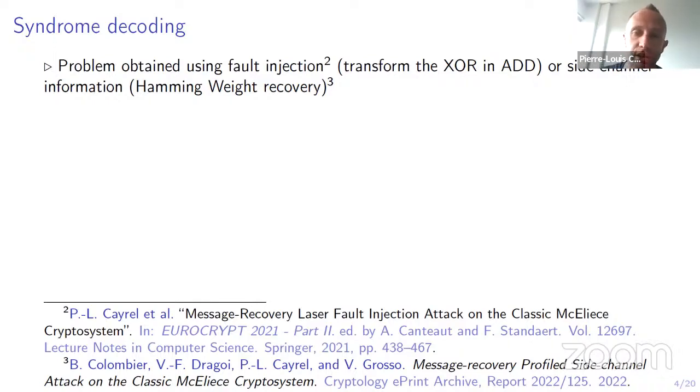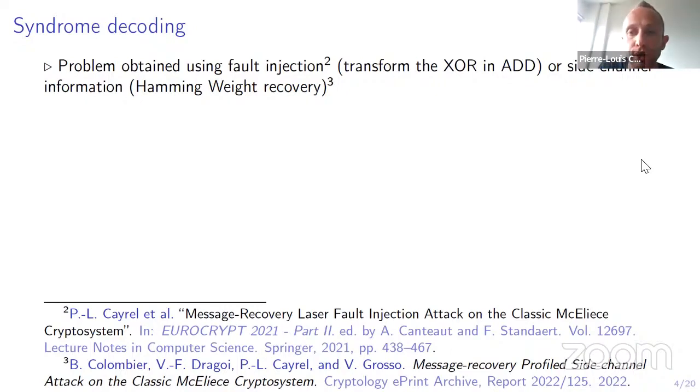Using fault injection, we were able to change an XOR into an add. So when we were computing the encryption of a message, instead of doing the XOR of t columns of H, we succeeded to flip a bit during the instructions, and the XOR became an add. So in this case, we were able to go from the binary SDP to the N-SDP.